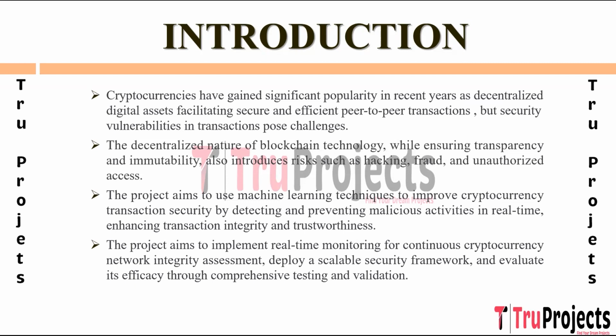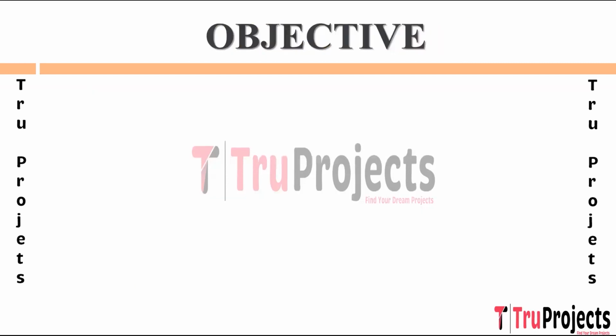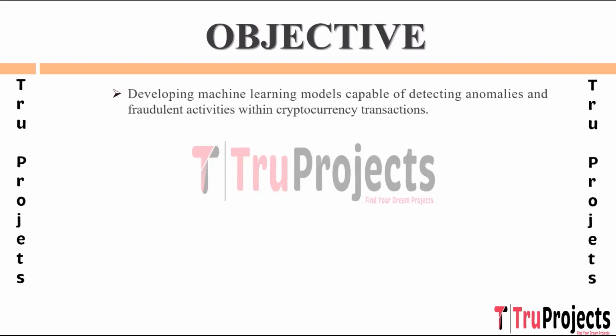potential attacks. The objective of the project is creating advanced machine learning algorithms specifically tailored to identify irregular patterns and potential fraudulent behaviors occurring within cryptocurrency transactions. These models will be trained to analyze transaction data in real time and promptly flag any suspicious activities for further investigation.